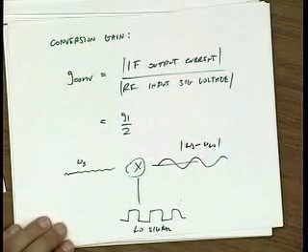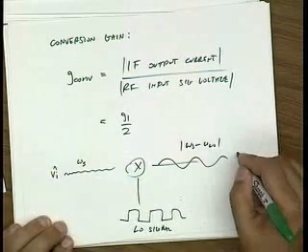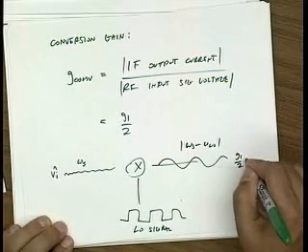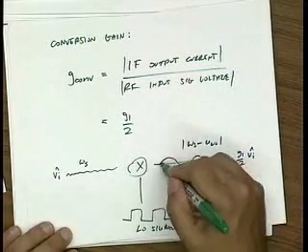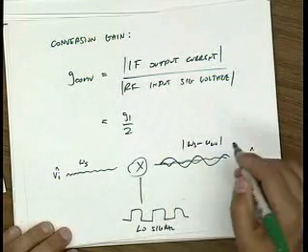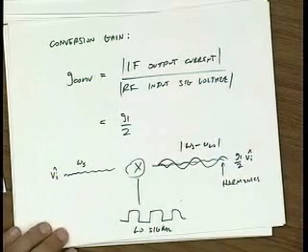Okay? And if this is magnitude V input, this current magnitude is G1 over 2 times V input. And there could be harmonics in here. But for now, let's say we filter out those harmonics.